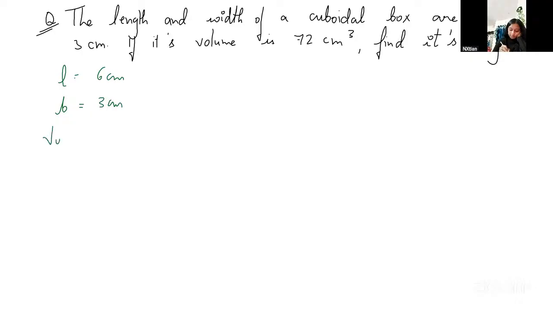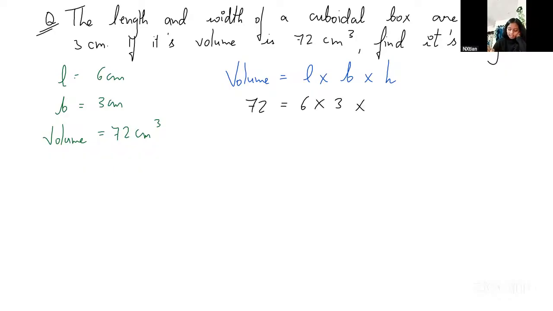Volume is 72 centimeter cube. What's the formula for volume? Volume is equal to length into breadth into height. We are finding height. Put the values. 72 is equal to, what is length? 6. What is breadth? 3. What is height? I don't know. So h.